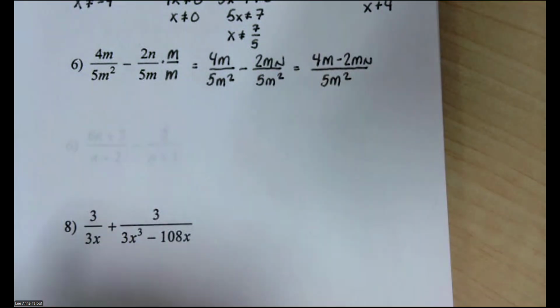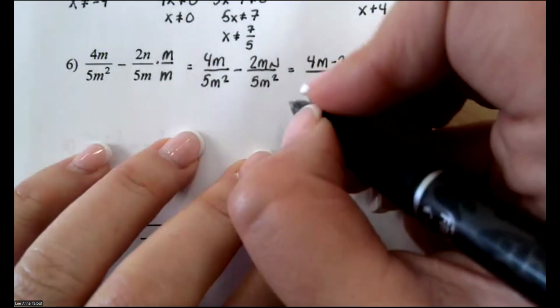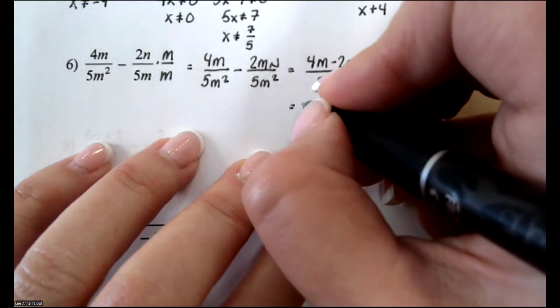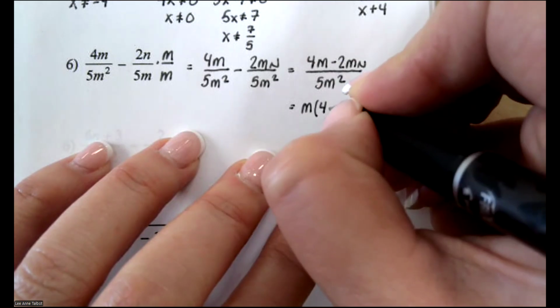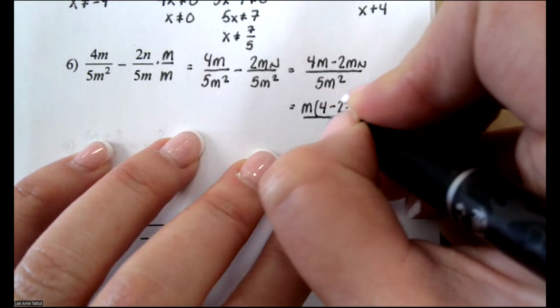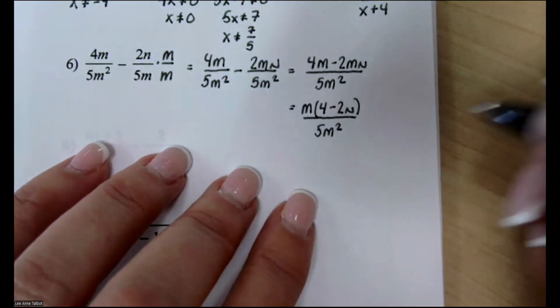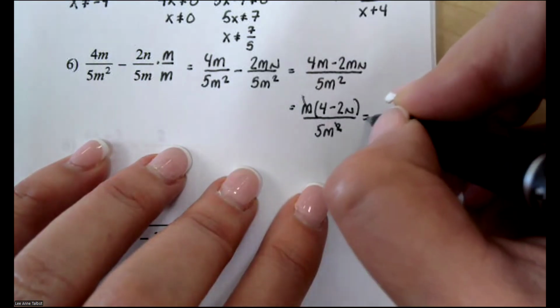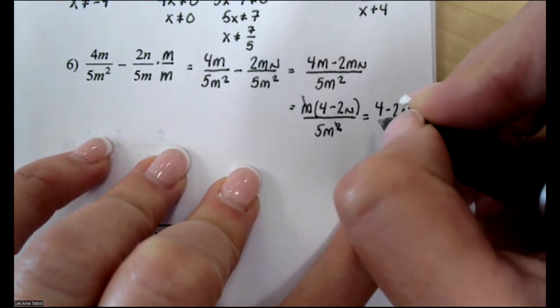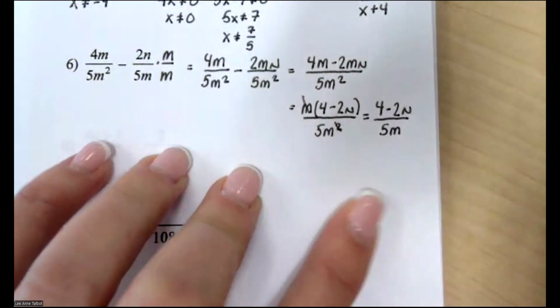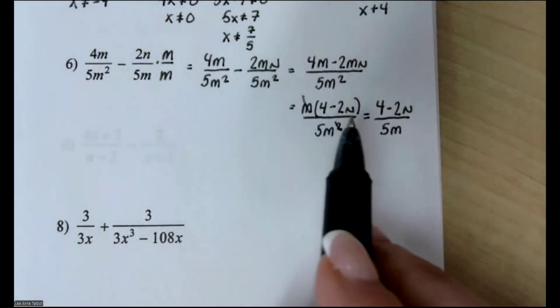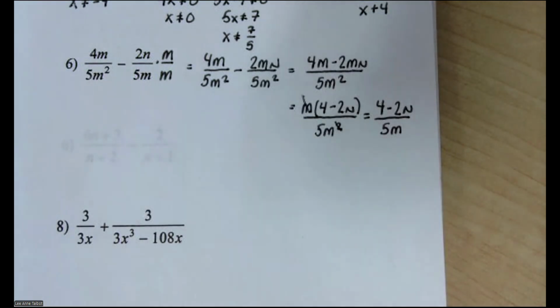Okay, now the people who canceled out the m's are going to get to your final answer much faster, because we have to GCF the m out of the top and cancel it still. But it's okay. And after doing all of that, you look back at the original problem and you're like, I see.